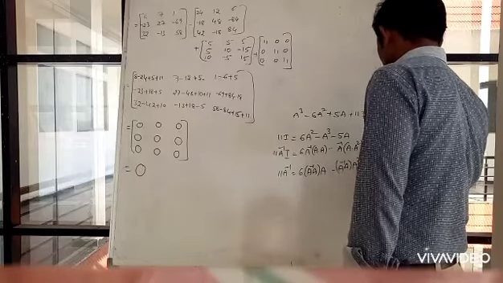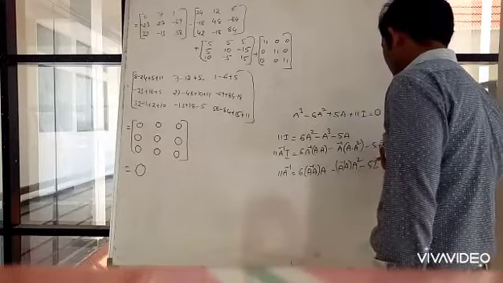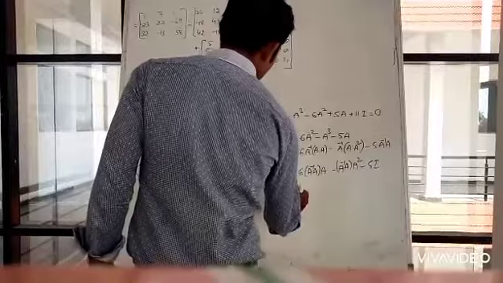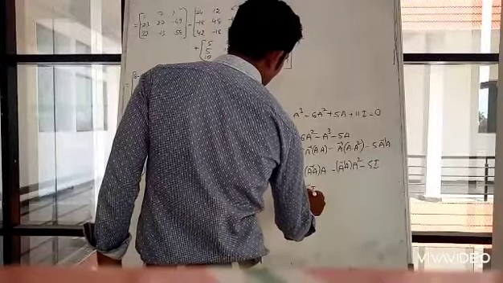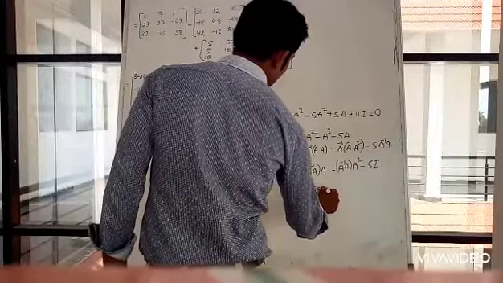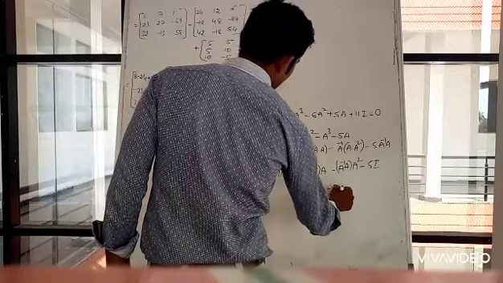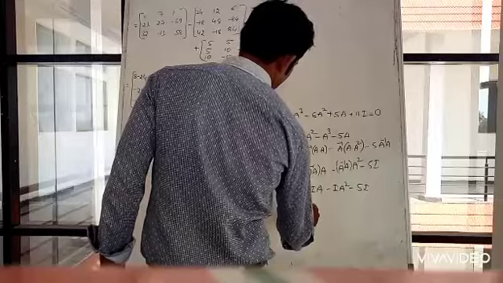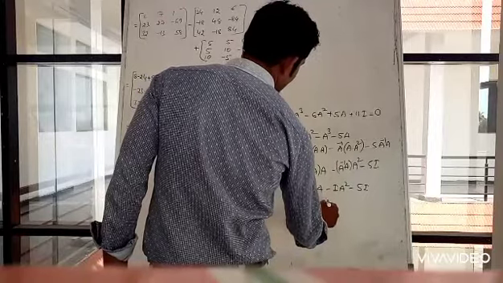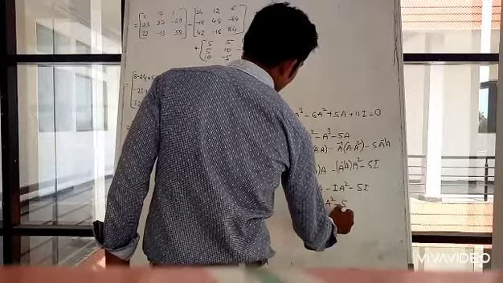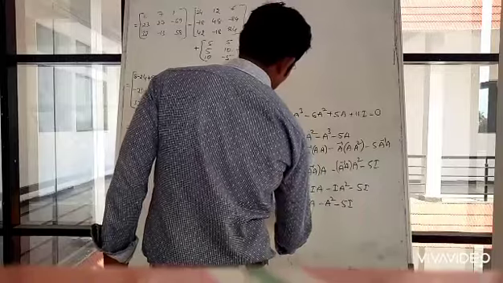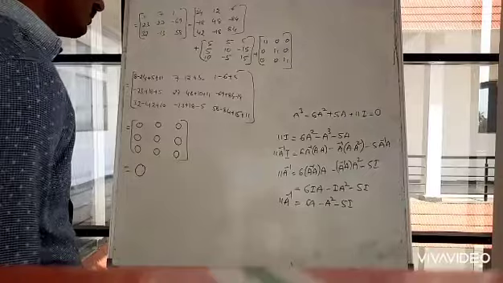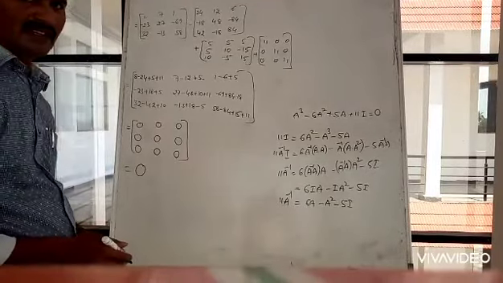Because A inverse into A is equal to I, identity, it is equal to 6I into A minus I into A square minus 5 into I, which is equal to 6A minus A square minus 5I. Here we get A inverse. Substitute the values and simplify, we get the answer.